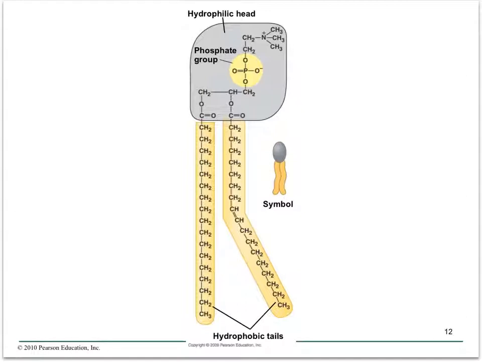Well, this is showing you the head and the tails. You've got the hydrophilic head. It likes water. But the tails are hydrophobic. They do not like water. Notice there's a kink. It's not saturated, if you so recall.